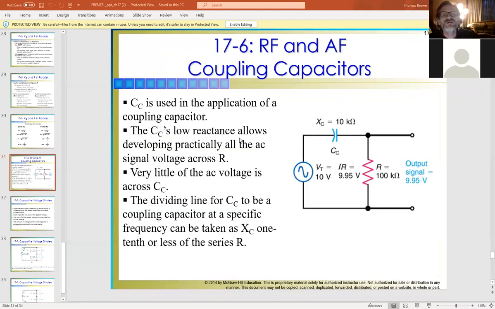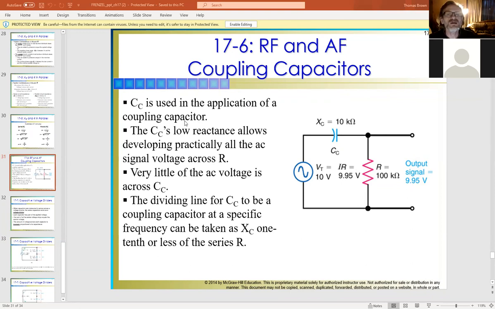Anyway, so coupling capacitors, in a case like this, you would be using that. See here, the coupling capacitor is used in the application.